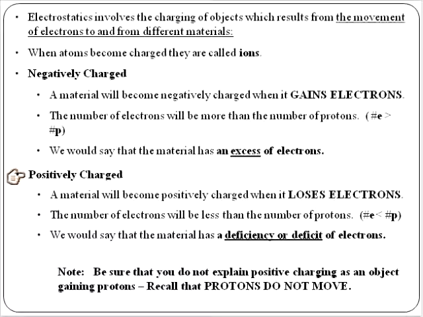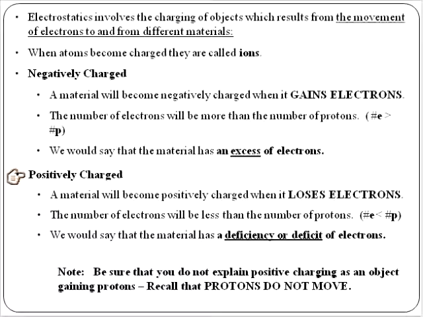If we wanted to give that object a positive charge, we would take an electron away. And now we still got 4 protons, but now we've only got 3 electrons, which will give us a net charge of +1. Okay? We call that a deficiency or a deficit of electrons. When there are less electrons than protons, we call that a deficit or a deficiency.